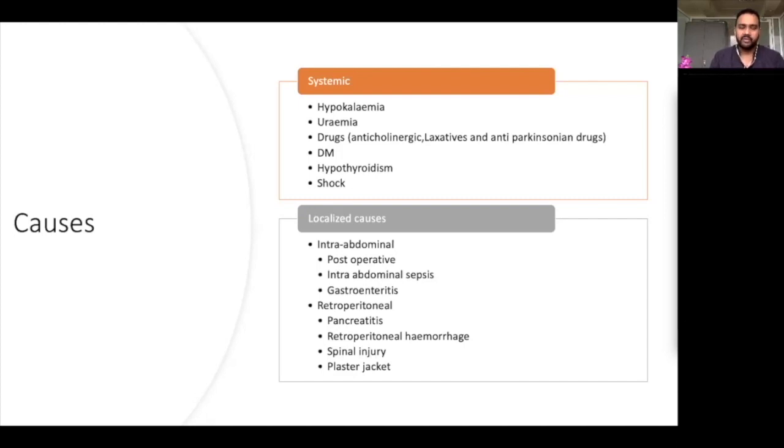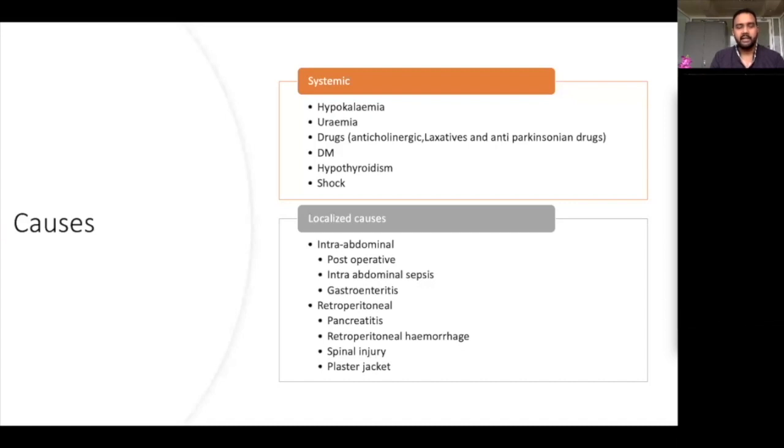Localized causes we divide again into intra-abdominal causes and retroperitoneal causes, outside the peritoneum. Among systemic causes, the most common are hypokalemia and uremia. That is the most important thing to check in any patient with paralytic ileus, because these are the commonest causes.